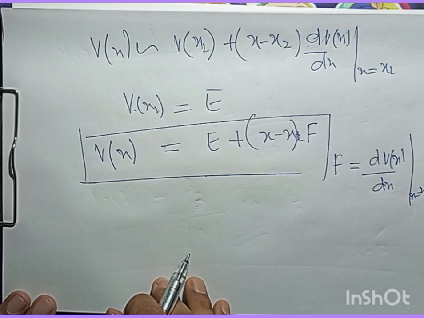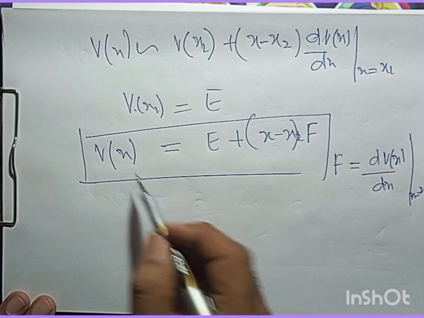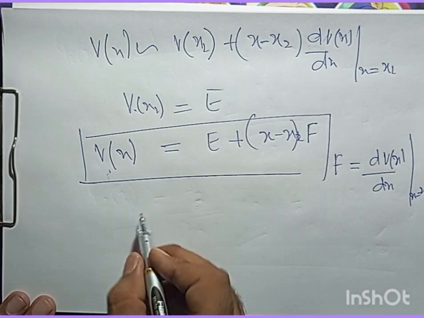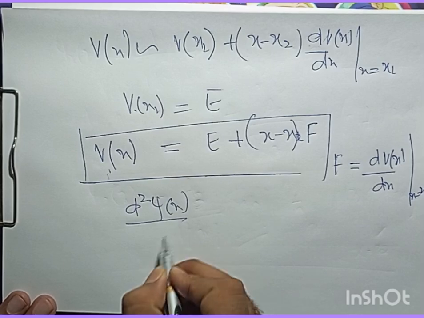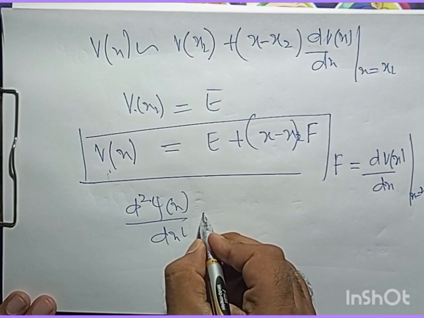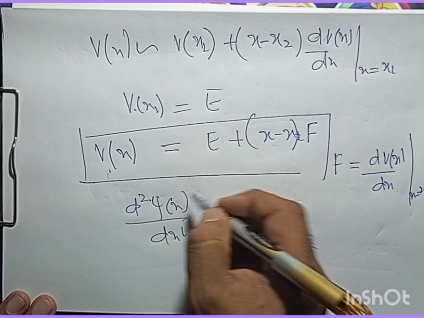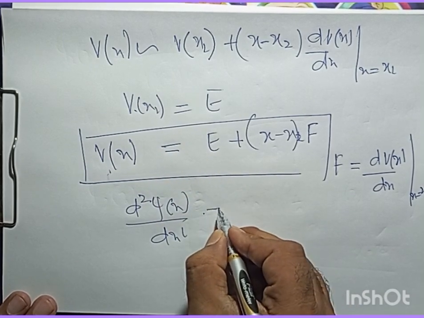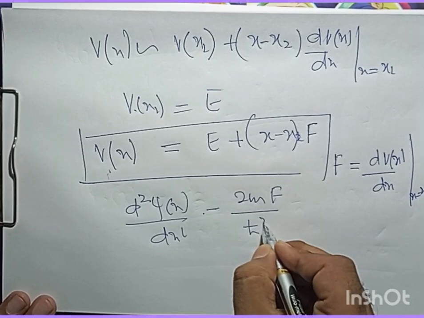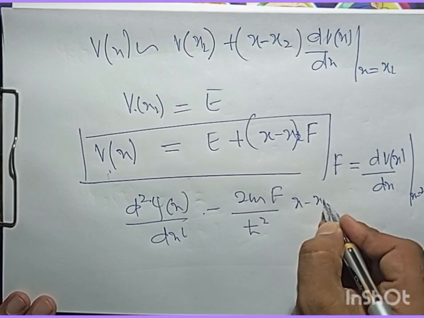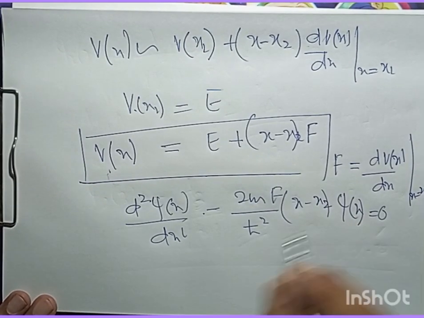And we can write down Schrodinger's equation for this potential as d2 psi of x by dx2. There will be cancellation of e, and we will come up with minus 2mf by h cross square times x minus x2 times psi of x equals 0.